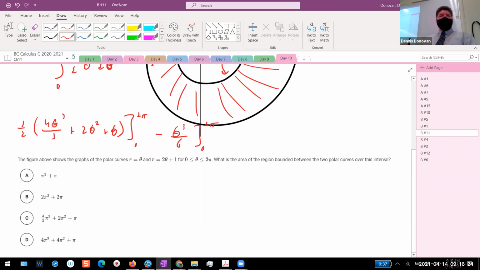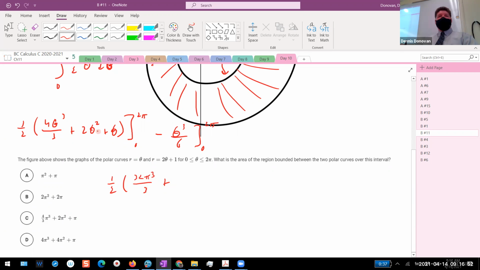So if we plug in 0, we get 0, so that's good. So we only have to plug in the 2 pi's. So I get 1/2 times 2 theta cubed, 2 pi cubed is 8 pi cubed, so that's 32 pi cubed over 3.